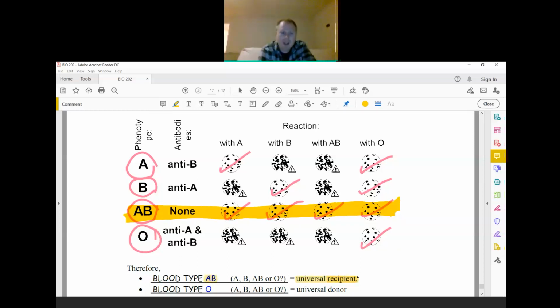They can receive blood from anyone at all. We also noticed that if your blood type is O, you can donate blood to anyone at all. Everyone can take your blood. So that's why blood type O is the universal donor. They can donate to anyone at all.